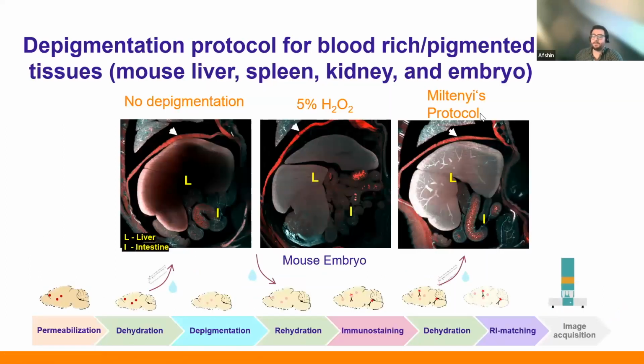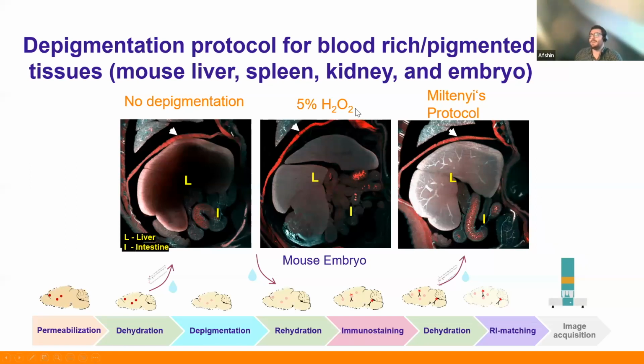For the pigmented tissue, like mouse liver, spleen, kidney, mouse embryo, or even for the blood-rich tumors, the protocols also have one step of the depigmentation. Here is a non-depigmented tissue and cleared.